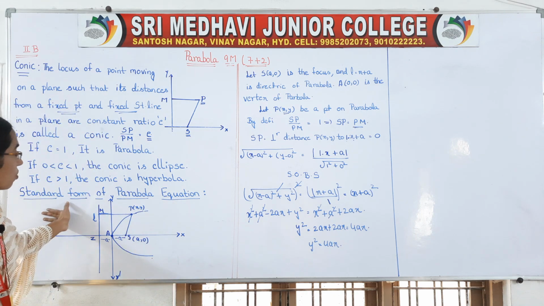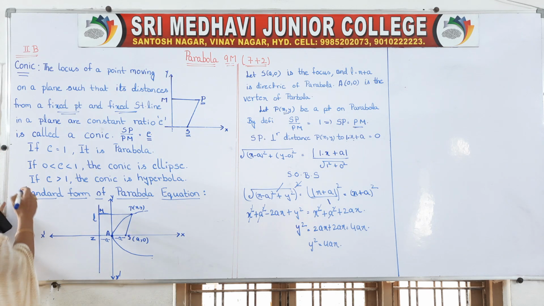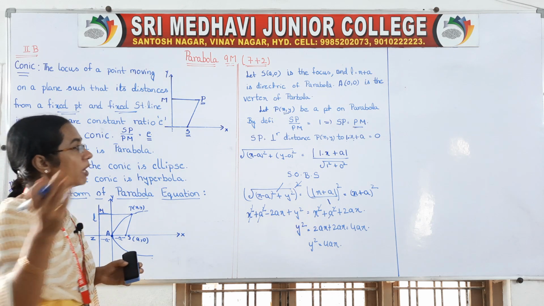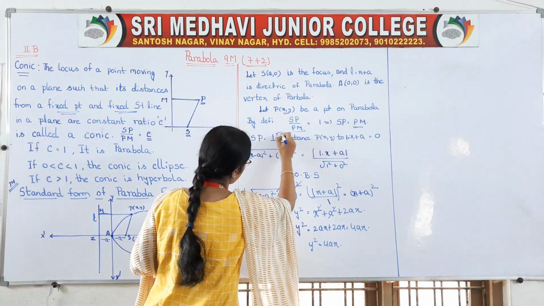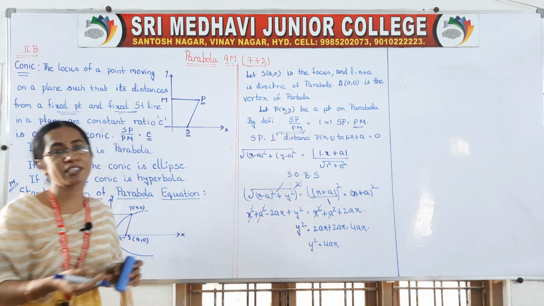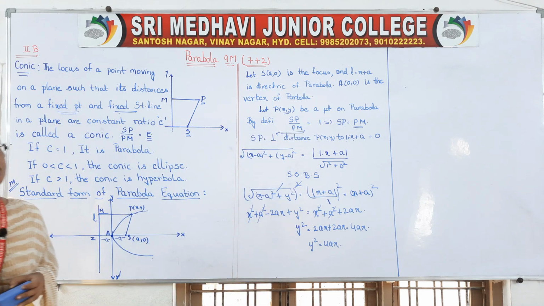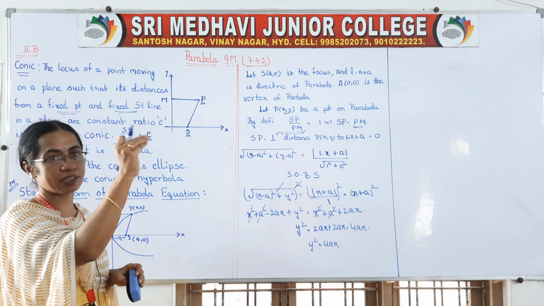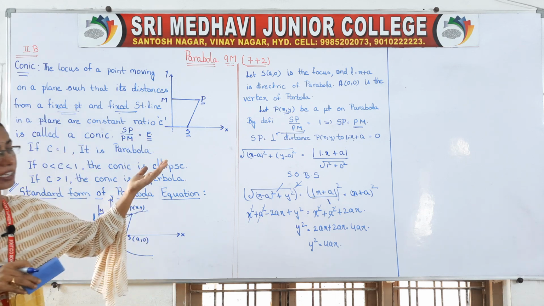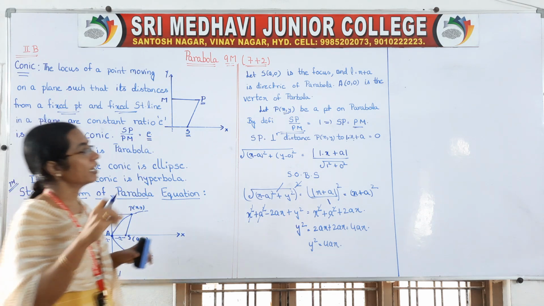Okay, so this is a most important 7 marks question: derive the standard parabola equation. How did we derive it? By taking the geometrical condition. Generally, to prove a locus equation, we consider one point on that curve, then we take the geometrical condition, right.